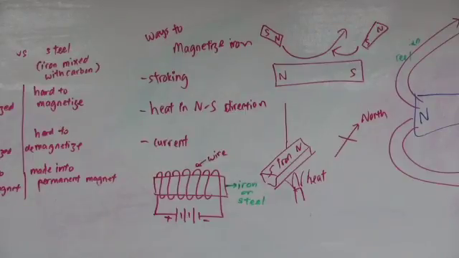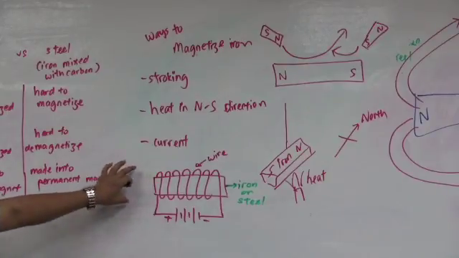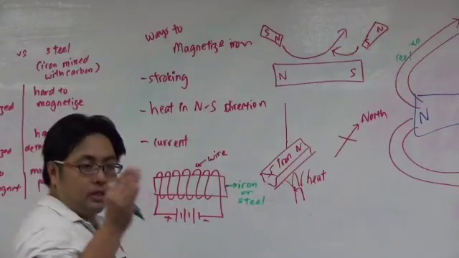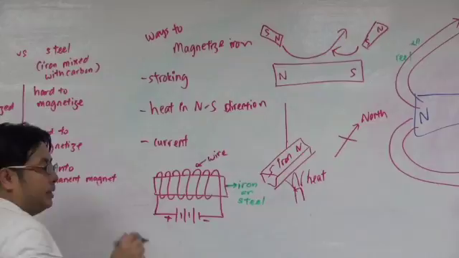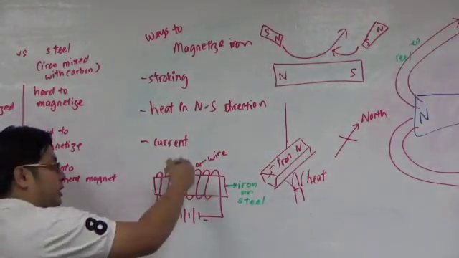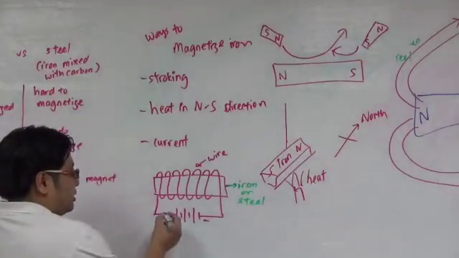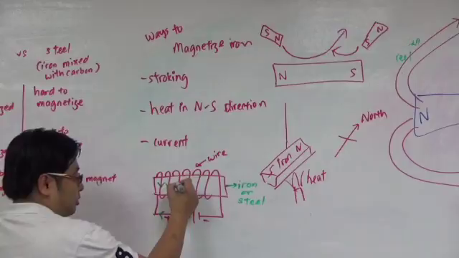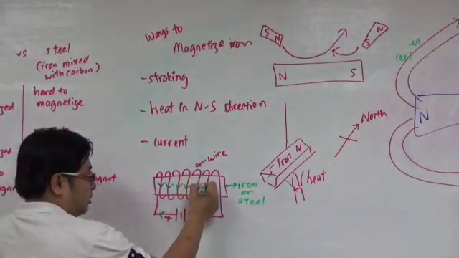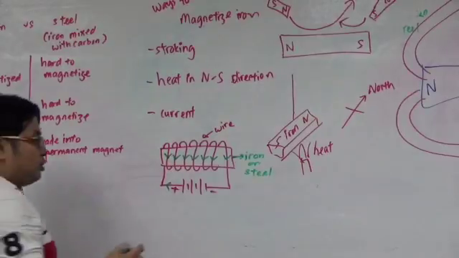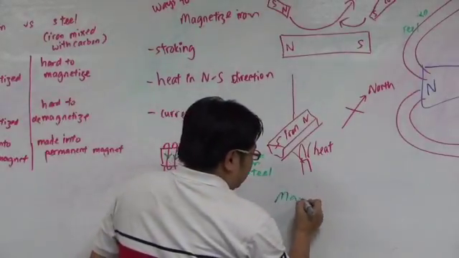Correct. So now we need to learn, if you put an iron or a steel here, you will become a magnet. Just now Disha mentioned the term electromagnet, because you become a magnet due to the electron flow. So let's look at the current. Look at this arrow. The arrow goes down, arrow goes down, arrow goes down, correct? We're going to use this thing called the Maxwell right hand rule.